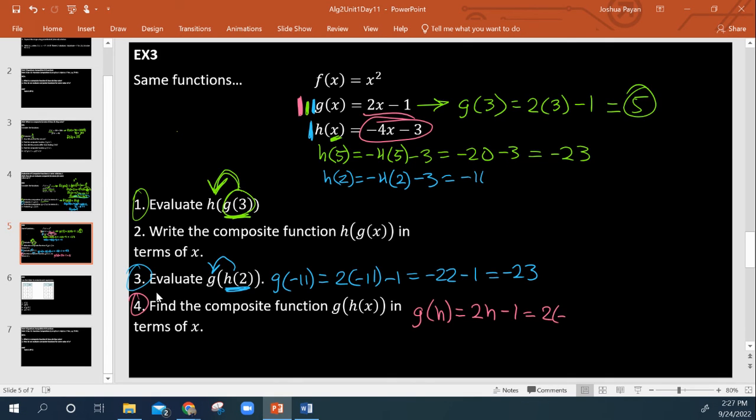So 2 times h, and then minus 1, like so. Then we're just going to simplify where we can. I'm going to distribute the 2, so negative 8x minus 6, and then minus 1. Now I've got g of h is equal to, combining like terms, negative 8x minus 7. And that would be my final answer there.